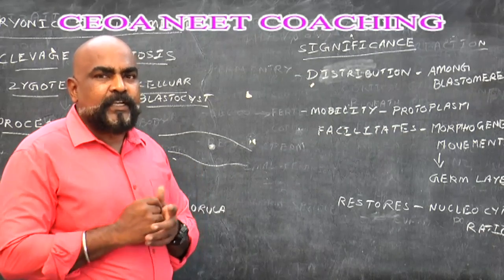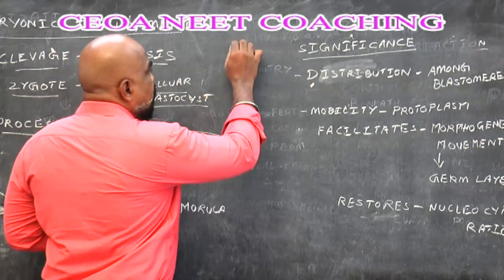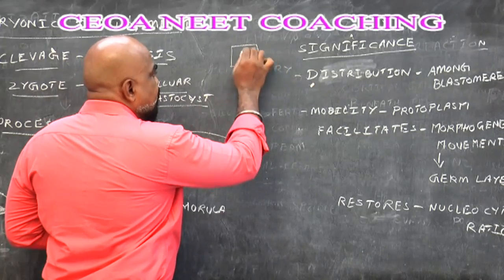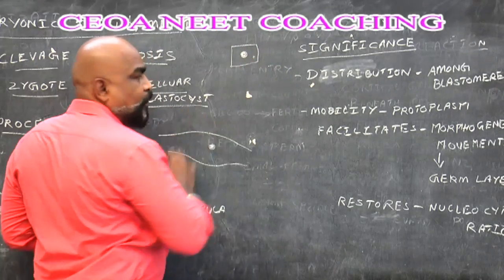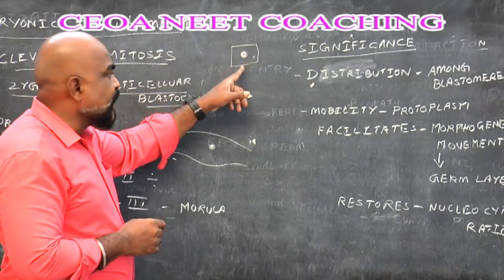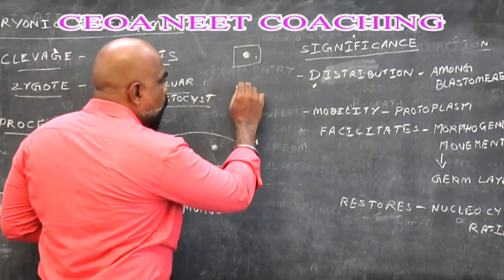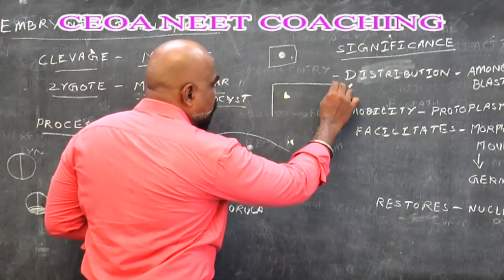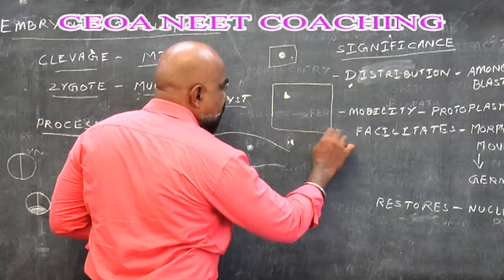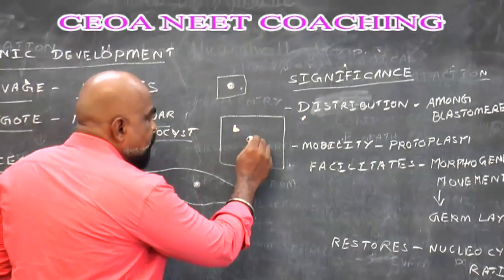What is the nucleocytoplasmic ratio? If this is a cell, it has a nucleus and this is the cytoplasm. So this nucleus can control the entire cell. But when the cell grows, suppose the cell has grown like this and the nucleus is this.